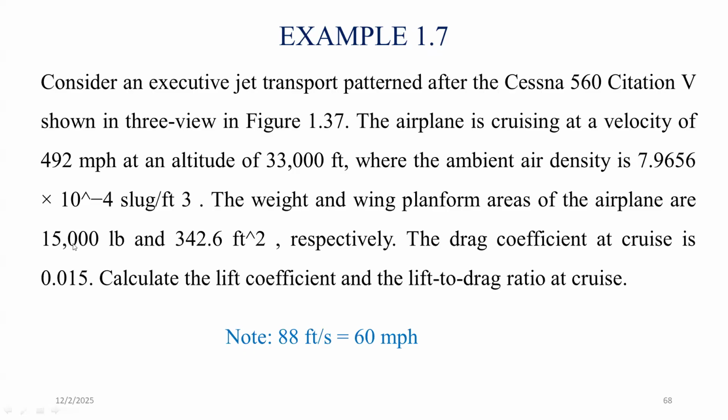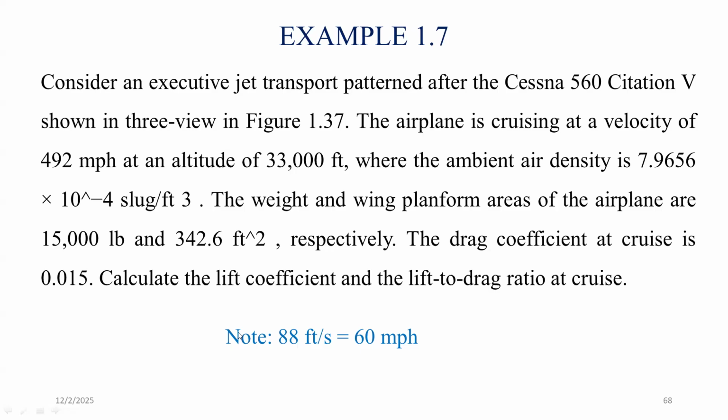Weight is 15,000 pounds, and the planform area S is 342.6 feet square. The drag coefficient at cruise is 0.015. This is CD. Calculate the lift coefficient and the lift to drag ratio at the cruise.